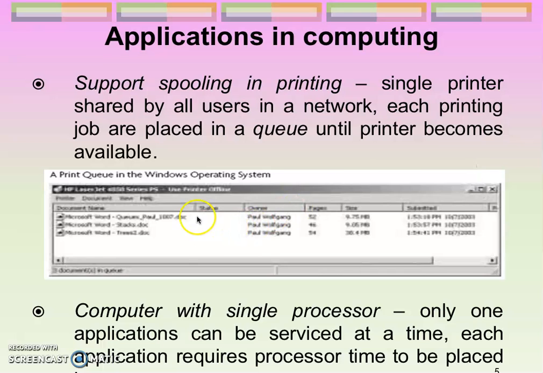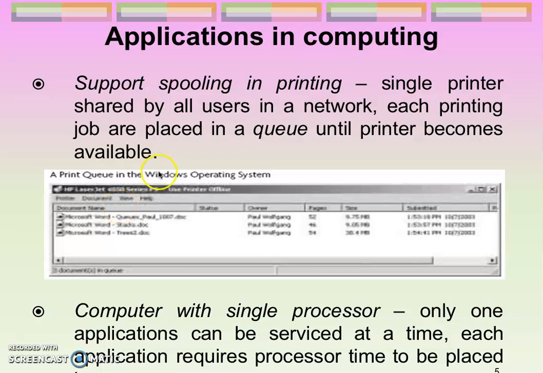Okay, kalau you perasan dia akan ada keluar bar macam interface macam ni. So dia akan display all the documents that you want to print, but we can see that dia ikut turutan macam ni lah. So yang mana you klik dulu tu yang dia akan print dulu. Okay, first come first lah.